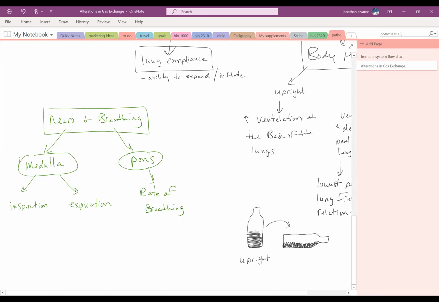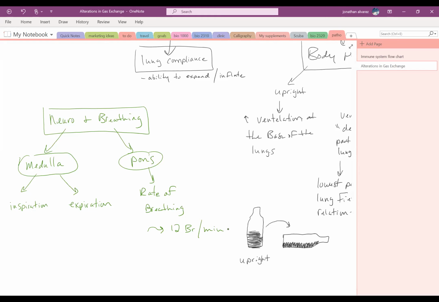Okay, so most adults are at a resting rate of around 12 breaths per minute or so, right? Could be 10, could be 15, but around 12.